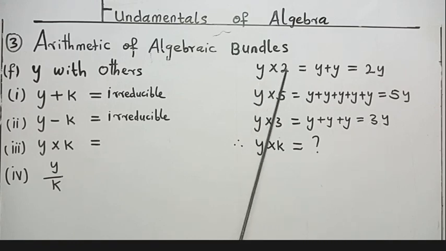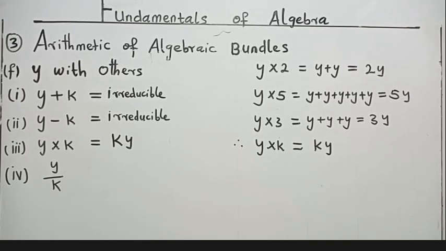So y times 2 is 2y, y times 5 is 5y, y times 3 is 3y. What then about y times any number at all? What is the answer? It is that number times y. So here, the result is what? Please watch out.